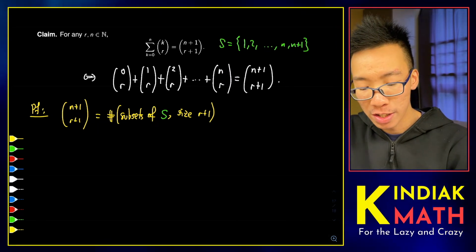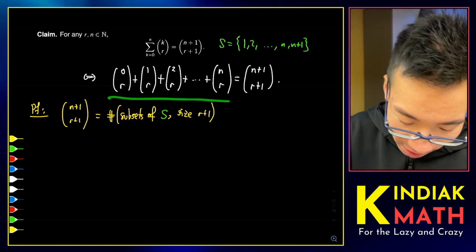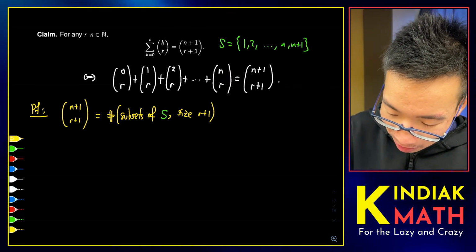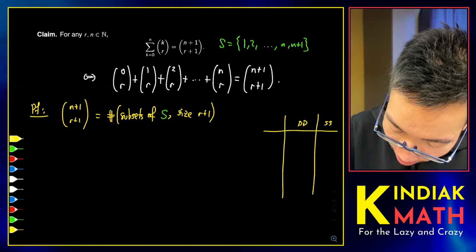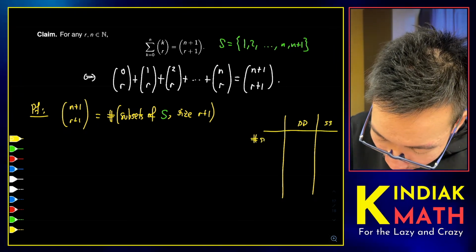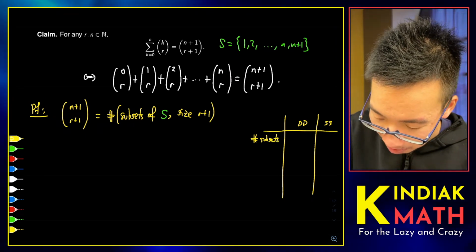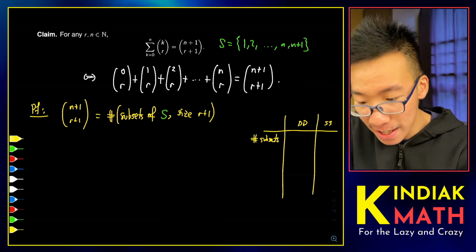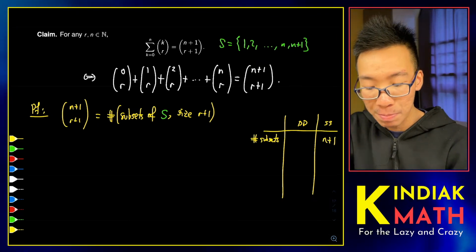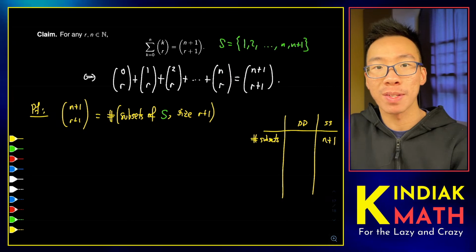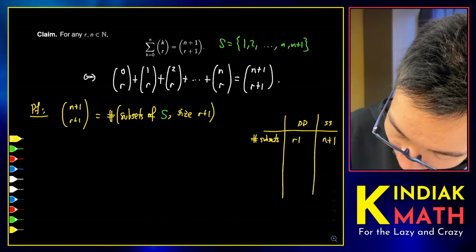So that's the question. Now we need to come here and ask what can we try to decode. So maybe we can put a demand and supply table here. The total number of subsets is going to be, the supply is n plus 1 this time around because we have a total of n plus 1 items. And the demand, we have r plus 1 spaces. So that will be r plus 1.